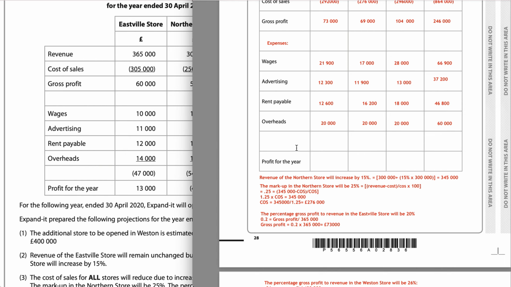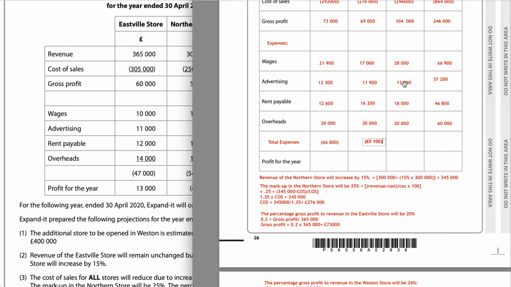Now let's calculate the total expenses for the year. 21,900 plus 12,300 plus 12,600 plus 20,000 is 66,800. Then 17,000 plus 11,900 plus 16,200 plus 20,000 is 65,100.